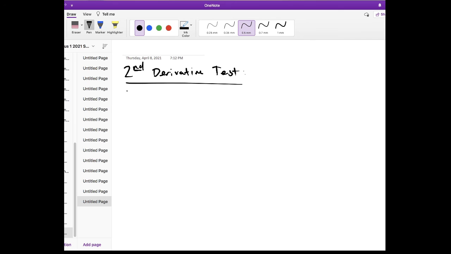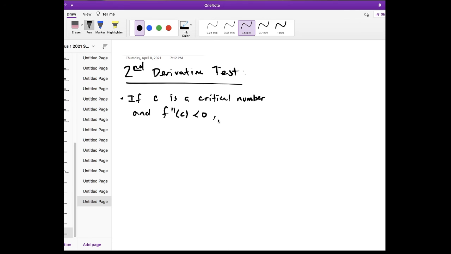Okay, so if c is a critical number, and f double prime of c is less than 0.